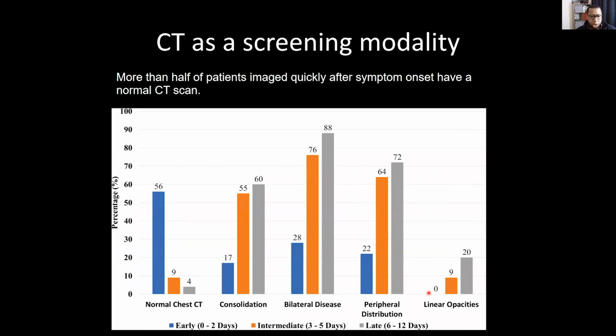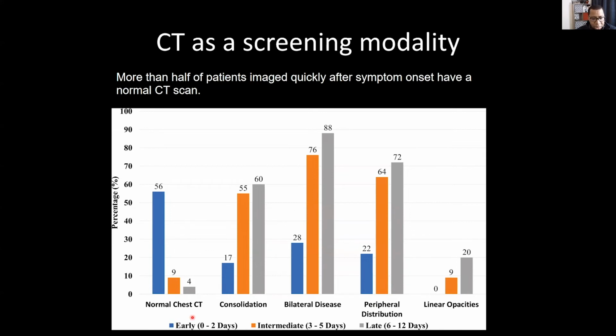So this and other studies showed similar data, that more than half of patients imaged quickly after symptom onset had a normal scan, right? So early days 0 to 2, right? Normal chest CT was basically seen in more than half of the people imaged in early days from symptom onset, okay?